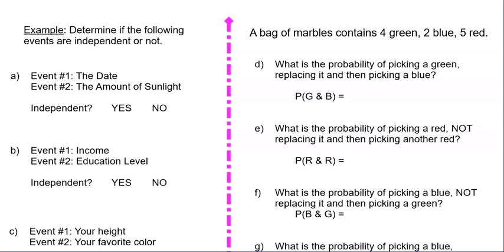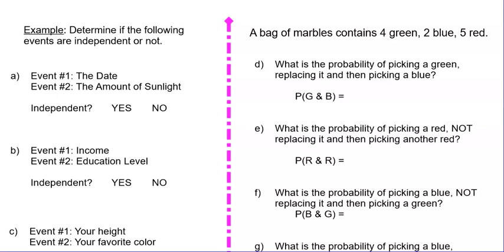Determine if they're independent or not. So the date and the amount of sunlight. All right. So these questions here are more abstract and more discussion-based questions. The date. What is the date? If you just talk about the 22nd, that does not necessarily affect the amount of sunlight.